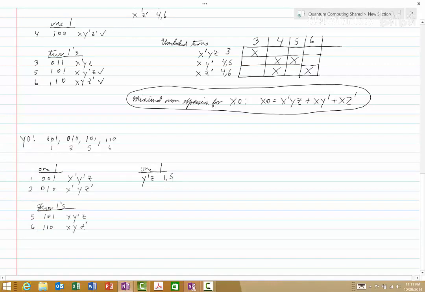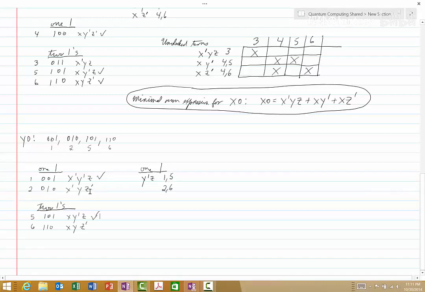What about 2 and 5? No, they differ by 3, which is not a power of 2. But what about 2 and 6? Yes, those should be able to be combined. Oh, by the way, before I go any further, let me put the check mark by the term 1 and a check mark by the term 5 here.